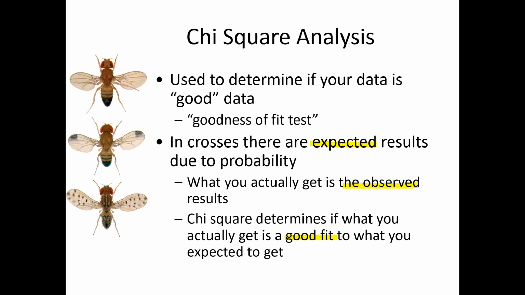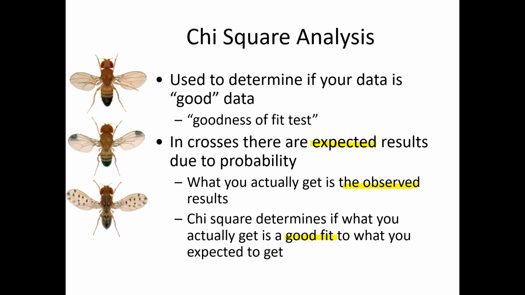And so what chi-square does is it's actually a mathematical way for us to kind of analyze what we got to what we should have gotten. And so if those numbers are too far away, then it would probably lead us to say, well, that really wasn't a fair coin, or there was something wrong with that coin.